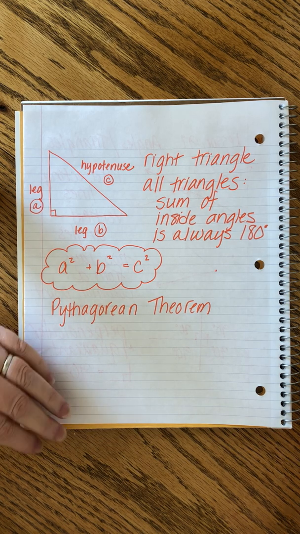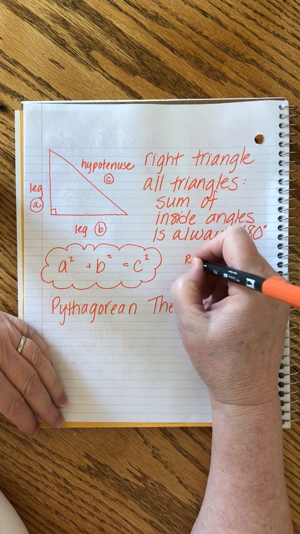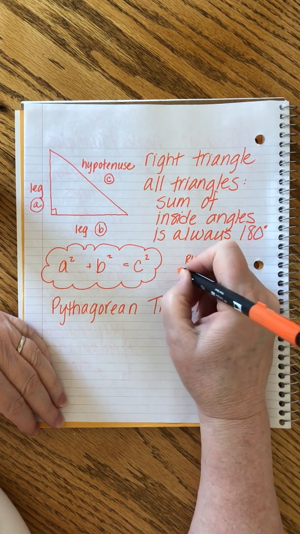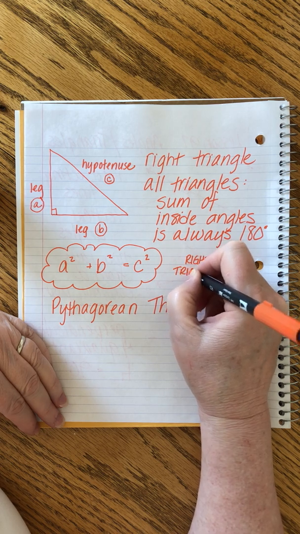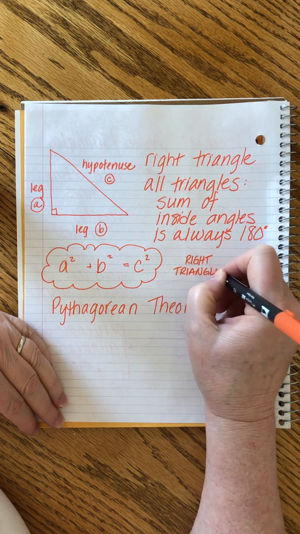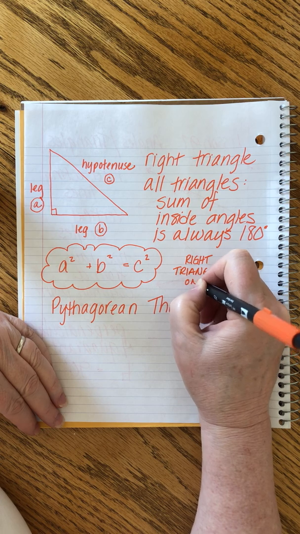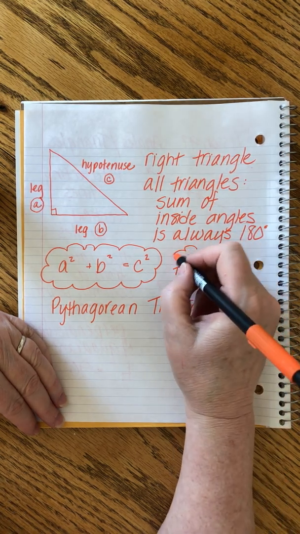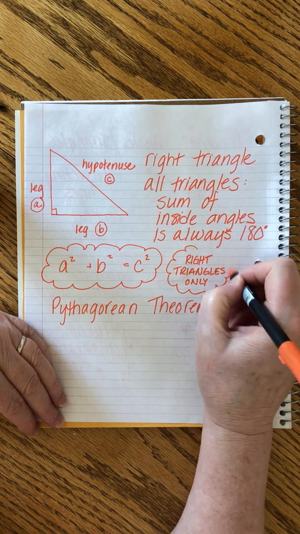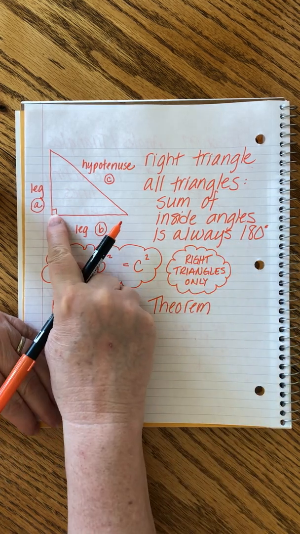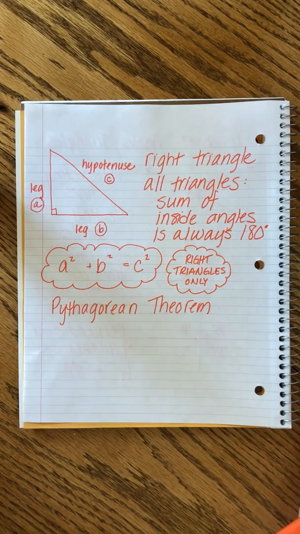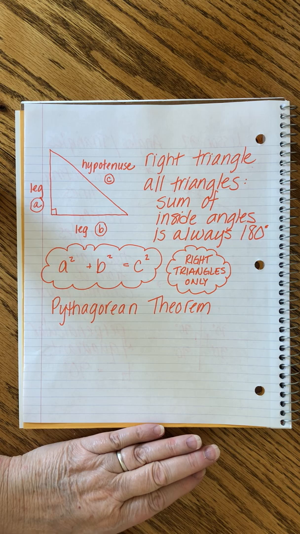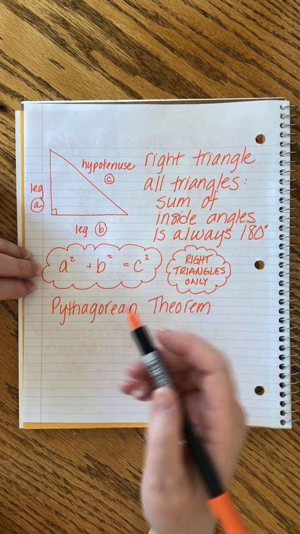I want to tell you two other things right now. I want to remind you that this works for right triangles only. It does not work for just any garden variety triangle. It has to be a right triangle. And then the other thing I'm going to tell you is that we will often just use algebra to rearrange this.